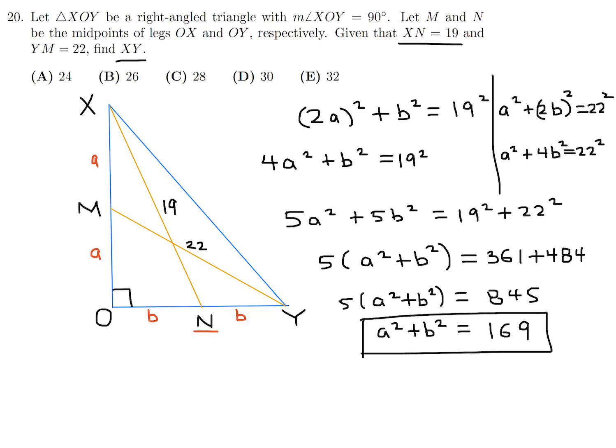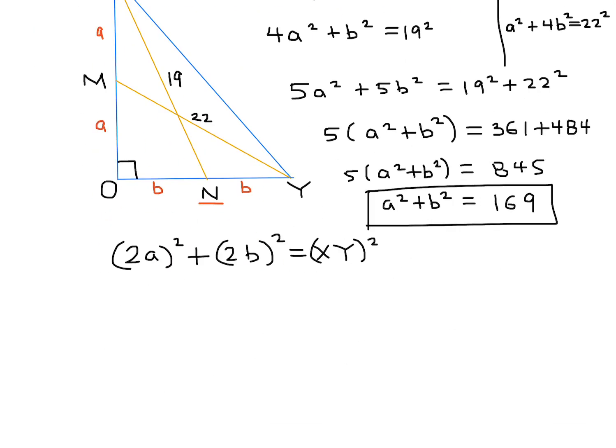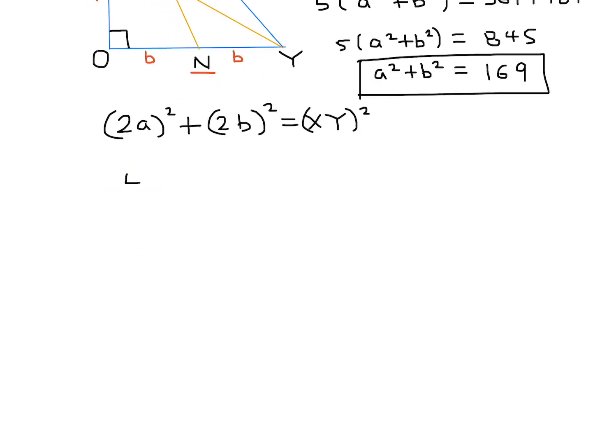Now let's turn our attention to XY. XY we can figure out again with Pythagoras, but this time it involves the entire triangle. So it will be 2a squared plus 2b squared is equal to XY squared. So this becomes 4a squared plus 4b squared is equal to XY squared. Factor out the 4 and you get 4 times a squared plus b squared is equal to XY squared.